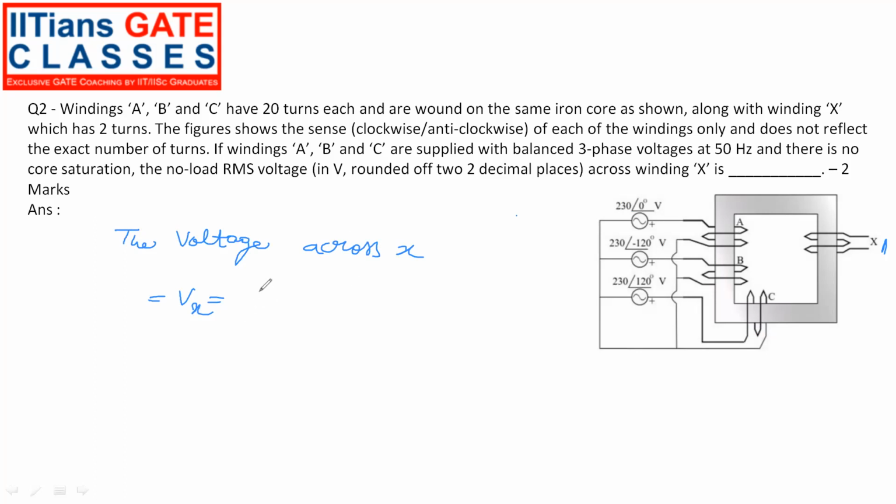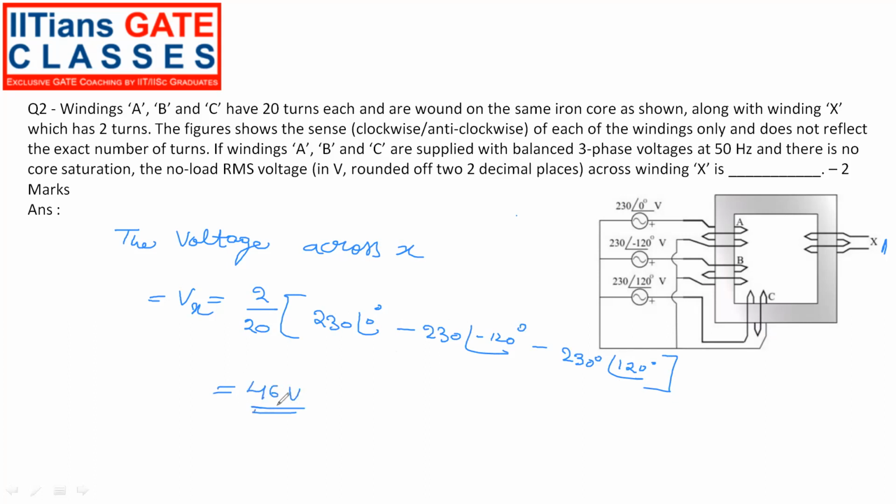So Vx equal to 2 by 20 into VA, that is 230 at angle 0 degrees, minus 230 at angle minus 120 degrees, minus 230 at angle plus 120 degrees. Because the sense of B and C is opposite to that of A, that's why we are subtracting. If we solve this expression, we'll get around 46 volts.